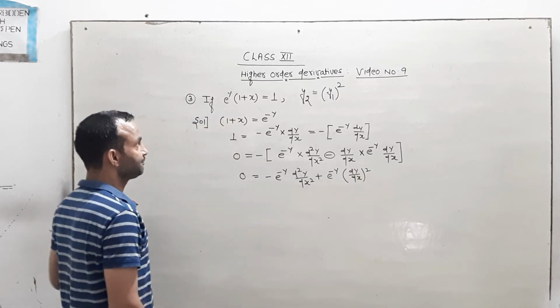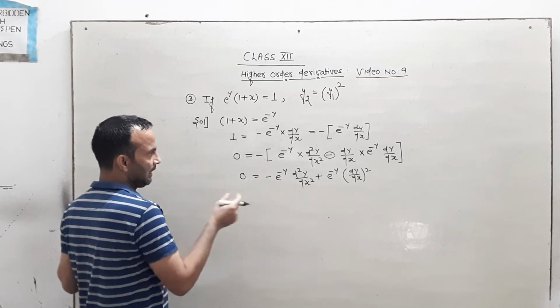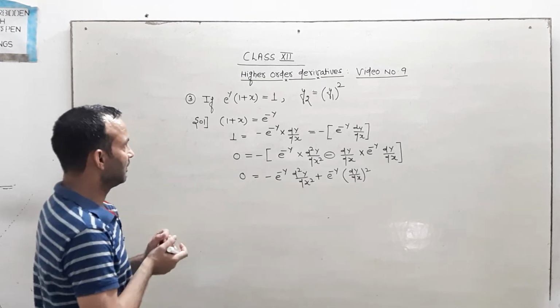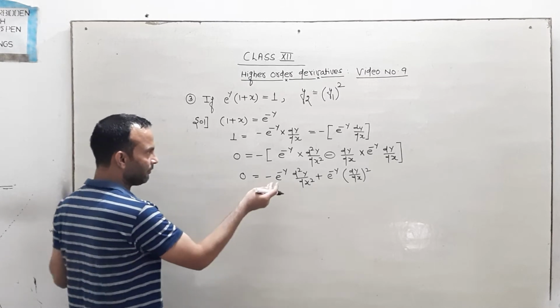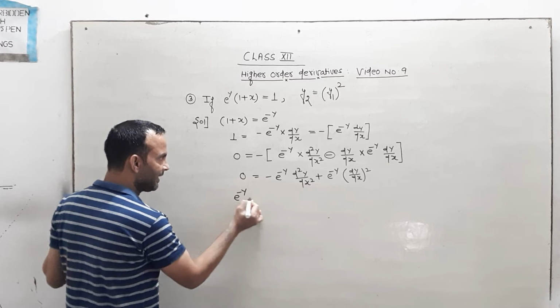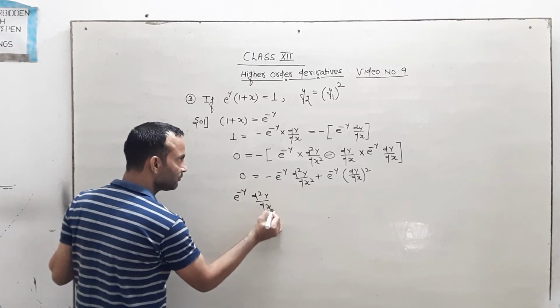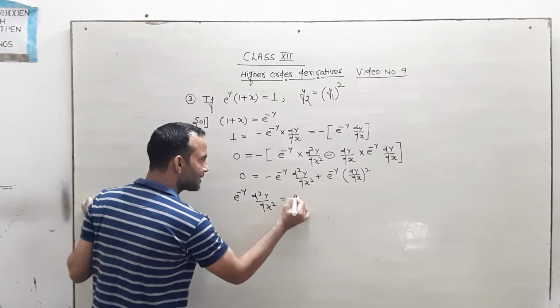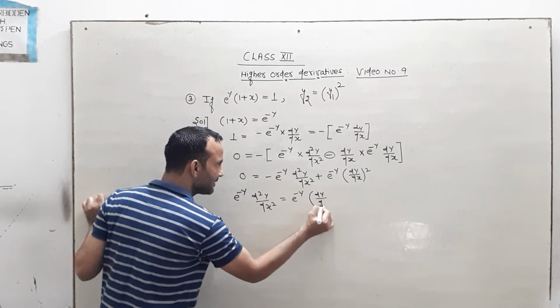Now see, we can take common e raised to the power minus y here. We can write it as e raised to the power minus y d square y over dx square is equal to e raised to the power minus y square of dy over dx.